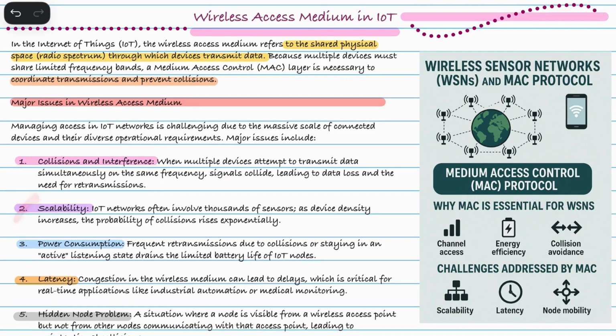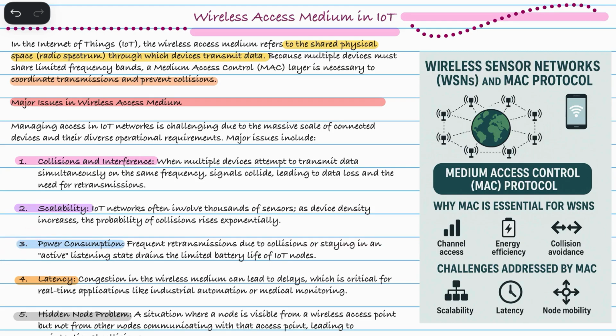Second is scalability. If you have 5 devices sharing a router, collisions are rare. But IoT networks frequently involve thousands of sensor nodes packed into a single smart factory or a farm. So as device density scales up, the mathematical probability of collision also rises, right? Then comes power consumption.